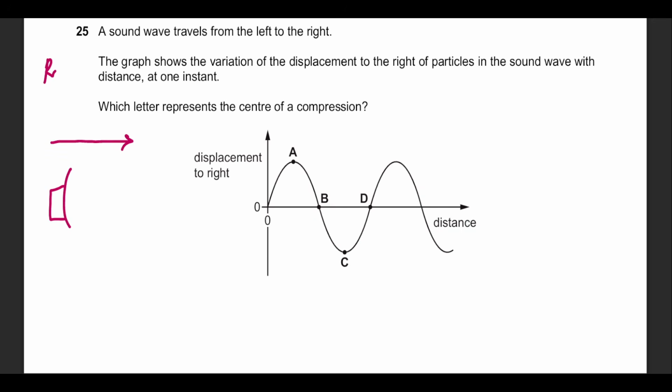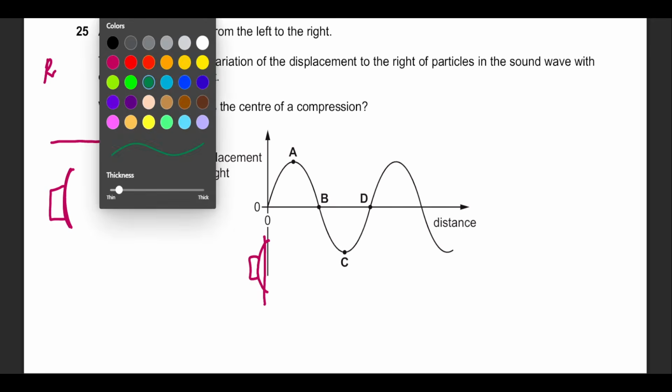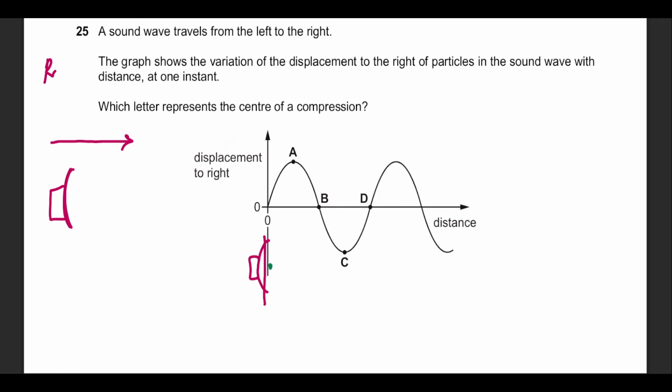So displacement to the right means that if I look at a single particle, the life of a single particle, from the source, this is the speaker, that is the distance from the cone. So this is the particle that's not vibrating at all, and the particle at A is vibrating to the right side. All the particles in the middle are also vibrating to the right side, but A is at the maximum positive right side.